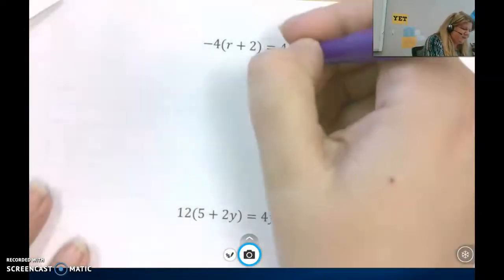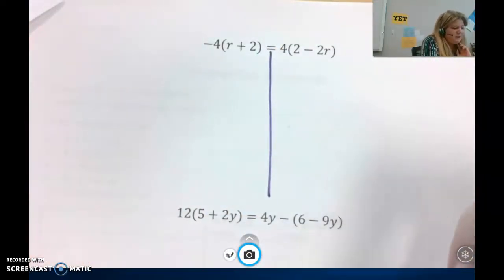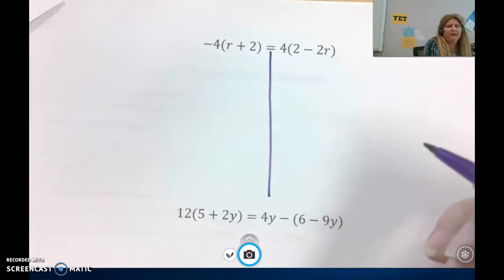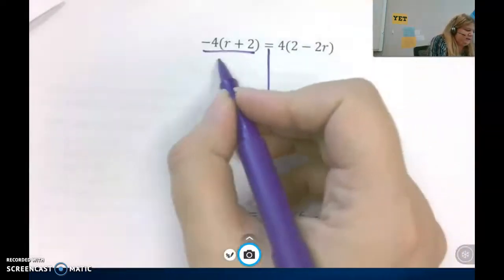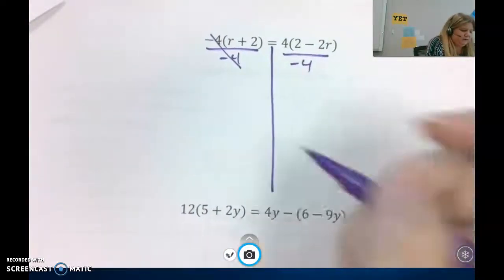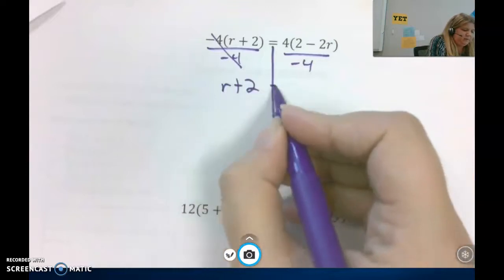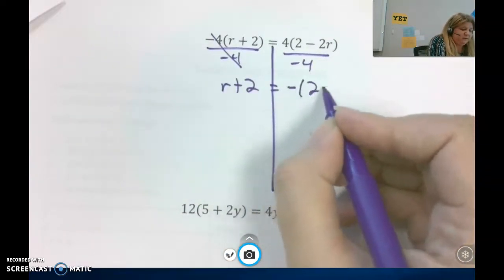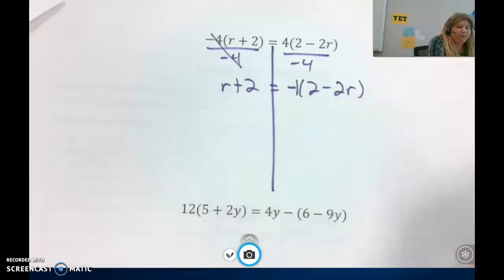Okay, next question. I can either distribute, or I can divide each side. I think I'll just divide each side by -4. That's going to leave me with r plus 2 equals -2 minus 2r, or -1, because 4 divided by -4 is -1.